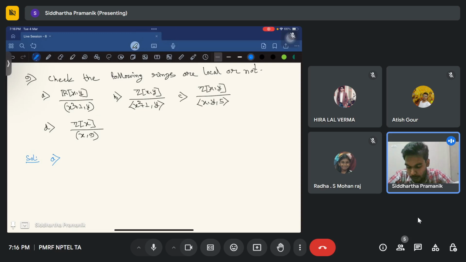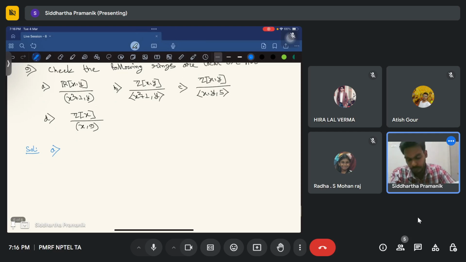Can you identify this ring with some known ring by using the earlier methods which we have done in the earlier weeks? Okay, so let me do the first one. Then it will be easy for you to do the other problems also.